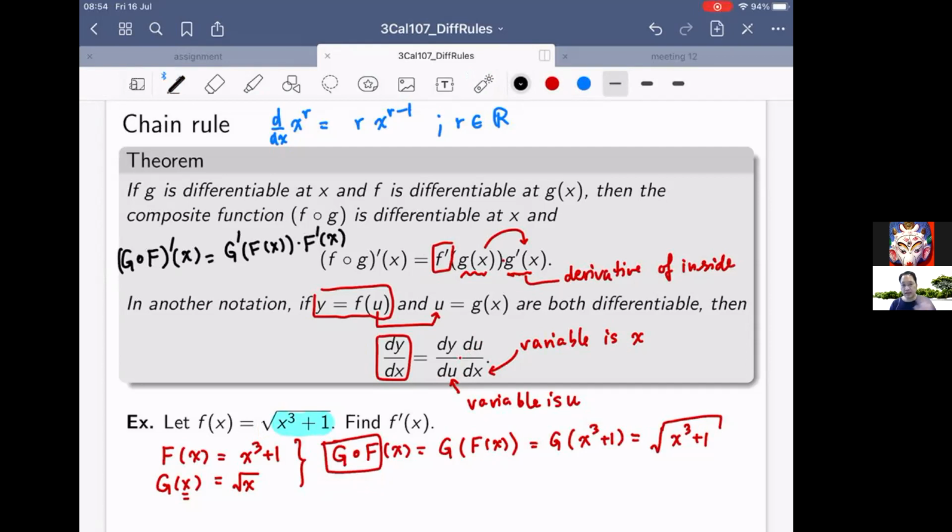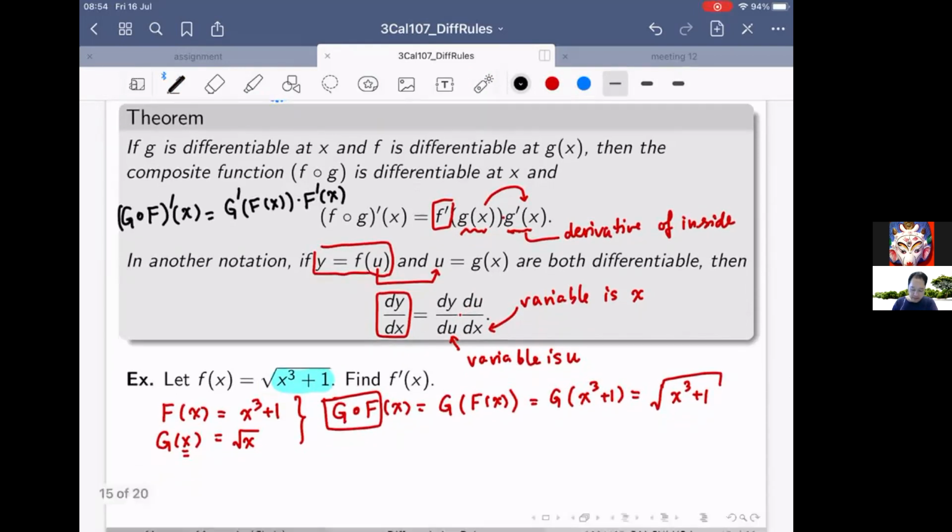So I mean the f and the g are just parameters, so they can change into any kind of functions. Here, to find your derivative, you are going to find your g prime first.